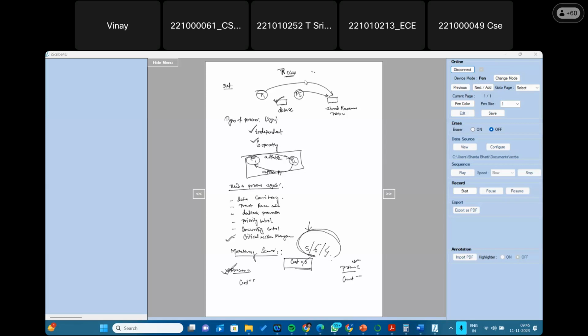The constraints are: we have to check the overflow condition for the producer process, the underflow condition for the consumer process, accessing the memory buffer at the same time should not be allowed due to data inconsistency, and the last one is the fixed size buffer. These are the four constraints we use during the producer consumer synchronization problem.